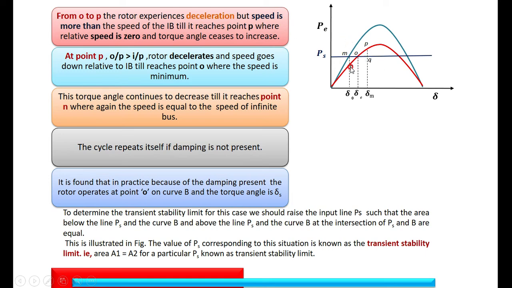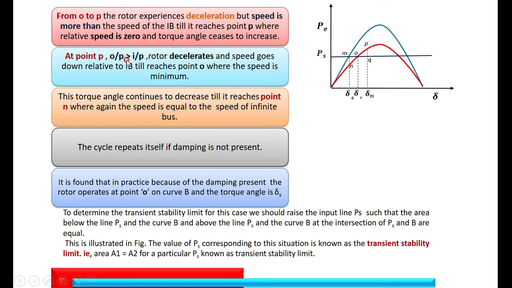Because of the acceleration, the speed goes on increasing and is more than the synchronous speed at O. When it is moving from O to P, there is a deceleration, but the speed is more than the speed of the infinite bus till it reaches point P, where the relative speed is 0 and the torque angle ceases to increase. That is, when it reaches point P, the speed becomes synchronous speed and the angle stops changing.